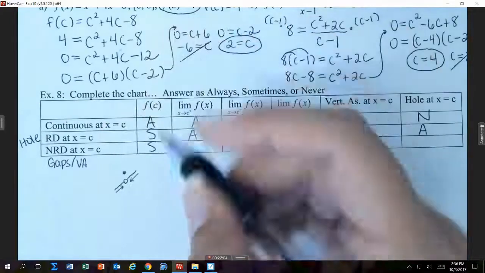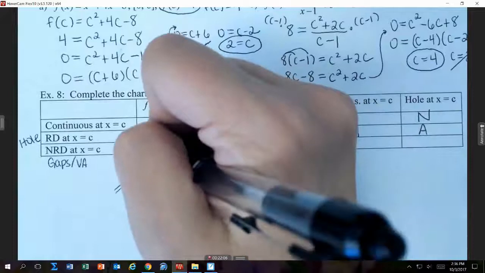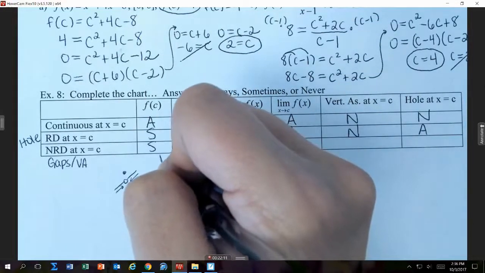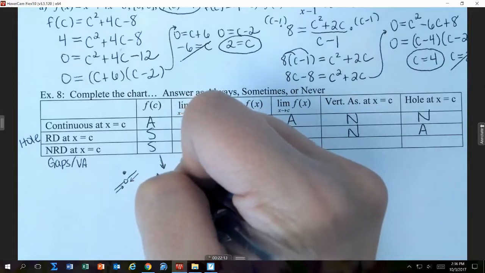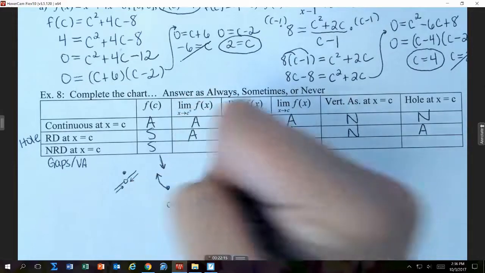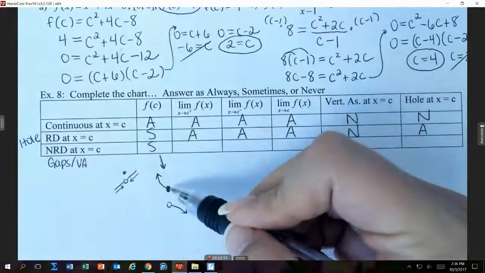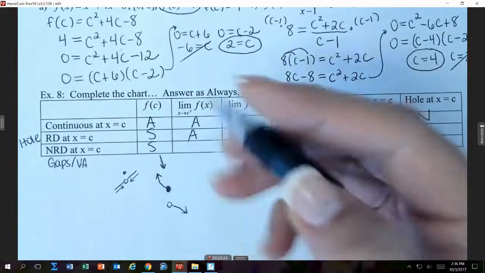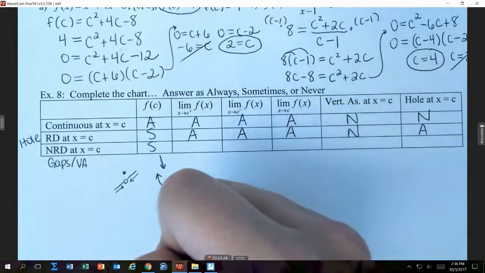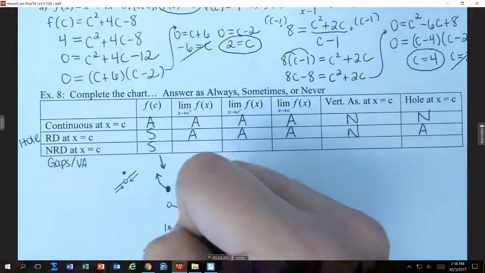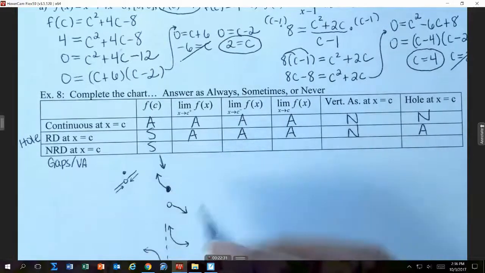So we can either have something that looks like this, right? Where here I would have a function value at x equals c, because see how my dot is closed in, right? Or I could have something where we have an asymptote, and I'm not going to have a function value at x equals c, right?